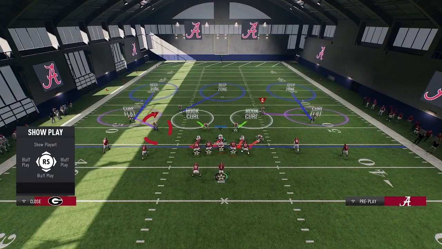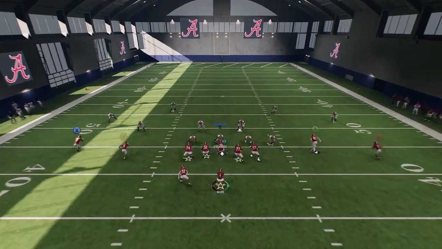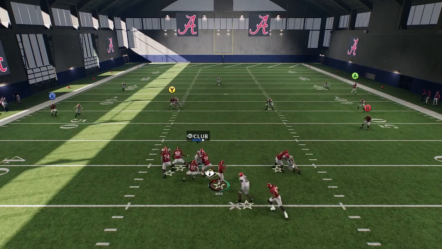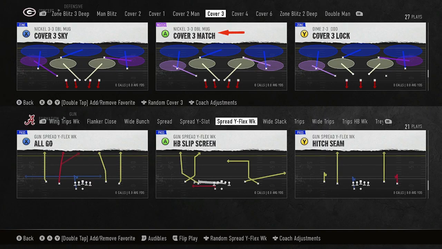A curl flat, just for your reference, is basically exactly what it says. It's going to play the curl area first if there's any threats there, and then they're going to play the flat second. That's what a curl flat does. Now, with cover 3 match, those lighter pink ones that you see in the middle of my screen is a seam flat.